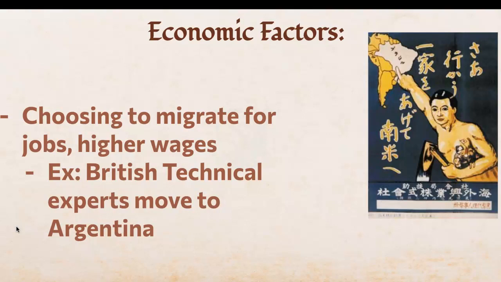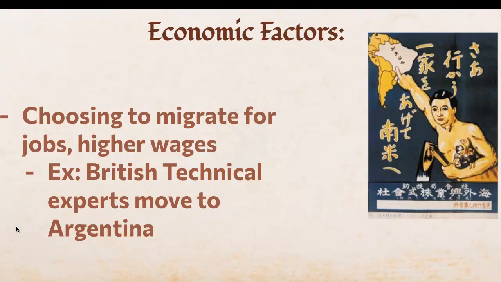And then the economic factors, as I said with the last slide, really it is choosing to move or migrate for the purpose of getting a job or getting a higher wage. An example includes the British technical experts that moved to Argentina during this time period. Another example is this poster on the side of the slideshow.